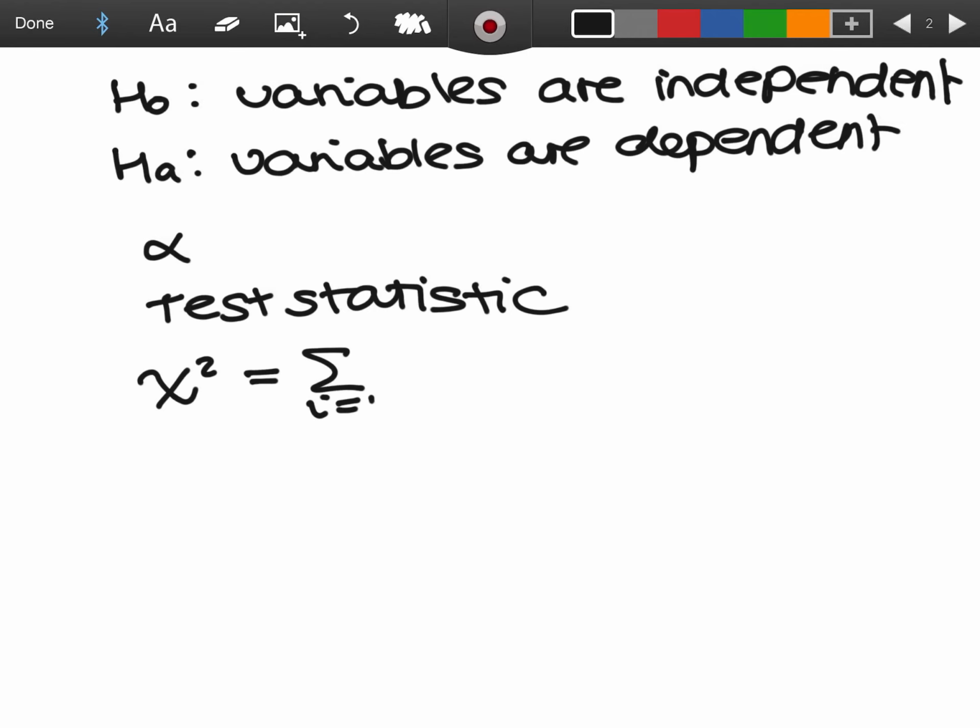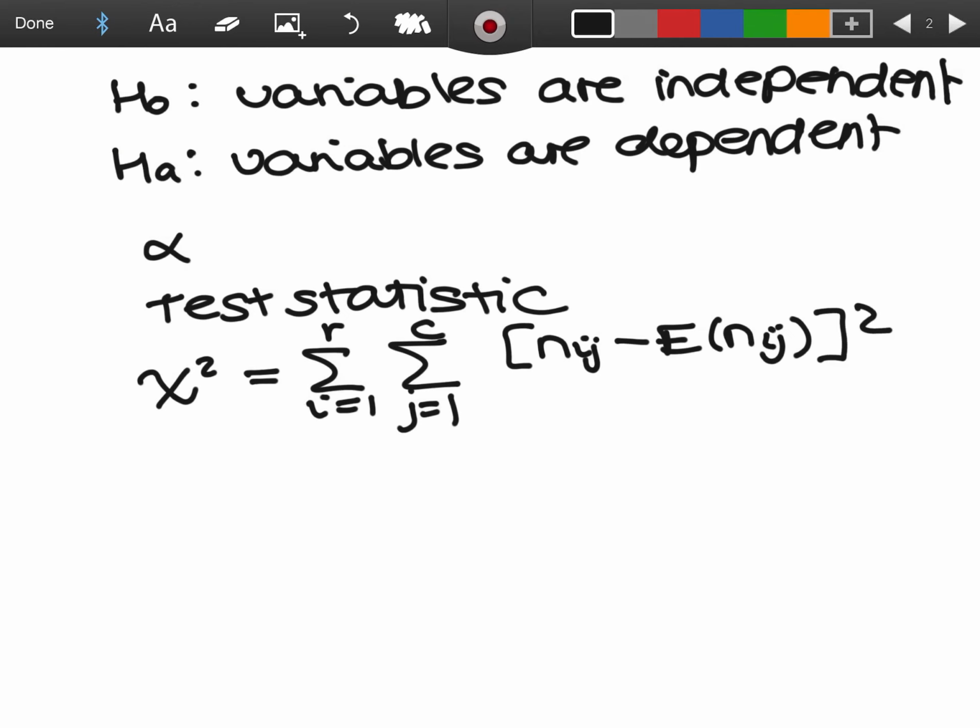And I will explain to you what this actually says. But as I said, you're not going to have to use this because your calculator will do all of this calculation for you. What this says is very much like the chi-square test statistic that we looked at last time.